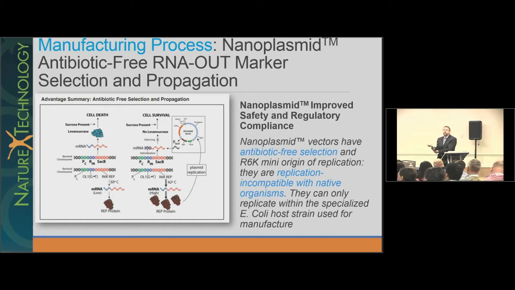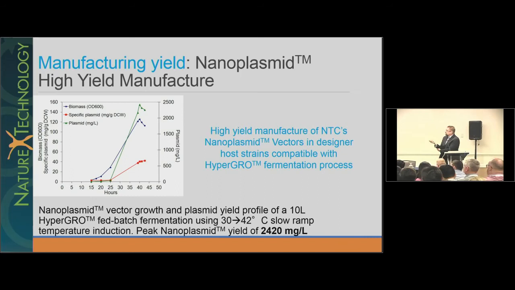All those of you who work with AAV and you know about these ITRs and you get microdeletions and stuff, or lentiviral, that low temperature growth with a low copy number through the growth phase allows you to make those things stably. So that's what's really important. We want to be able to make all the classes of vectors with this. And this just shows that you get high yield manufacturing, in this case 2.4 grams per liter of a nanoplasmid.